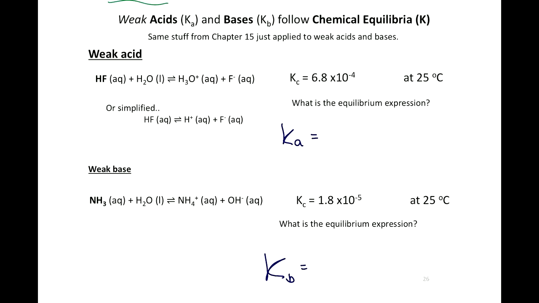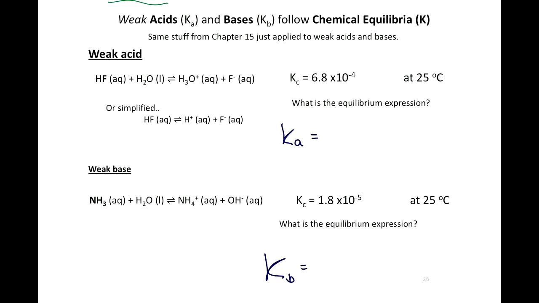Remember we talked about strong electrolytes, weak electrolytes, non-electrolytes in 1210, and when we showed the light bulbs, strong acids were bright, weak acids were dim. We just kind of said, oh, these undergo an equilibrium, both sides of the equation exist at the same time, and we left it at that. But these weak acids, they follow a chemical equilibrium. They have a double-sided arrow, so therefore they have K expressions as well.